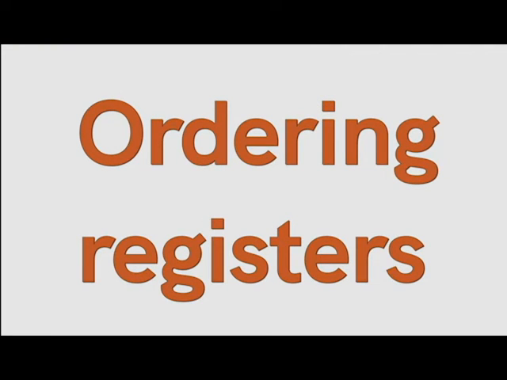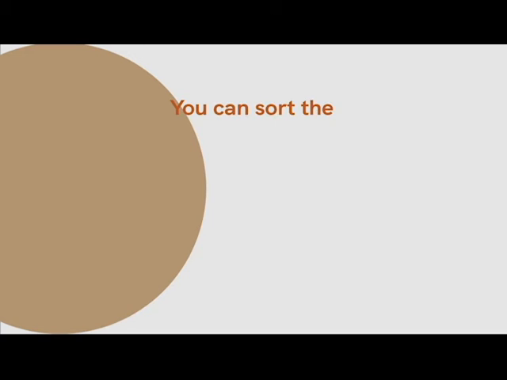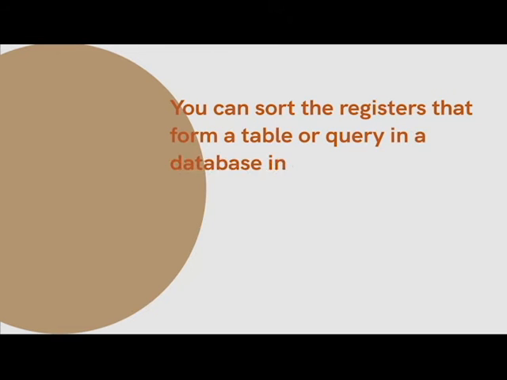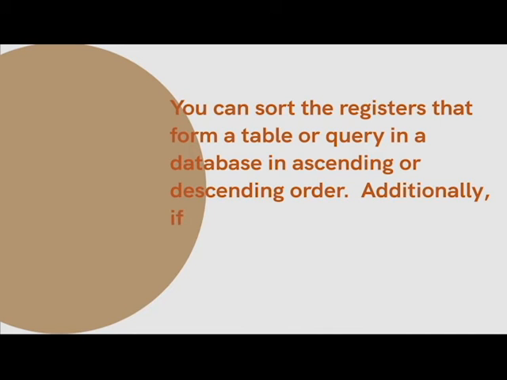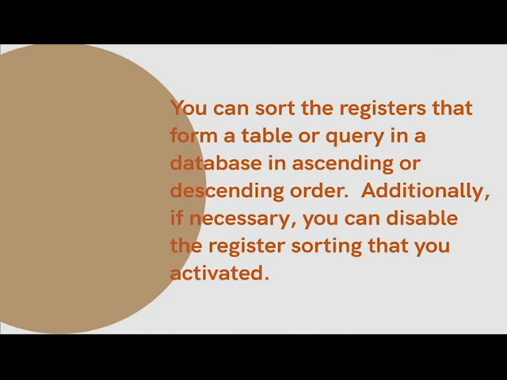Ordering registers. You can sort the registers that form a table or query in a database in ascending or descending order. Additionally, if necessary, you can disable the register sorting that you activated.